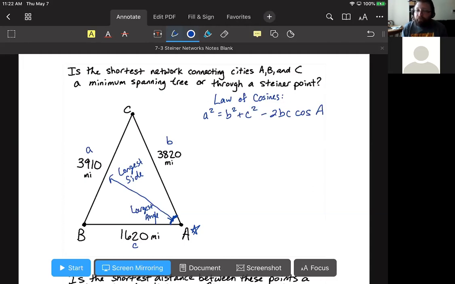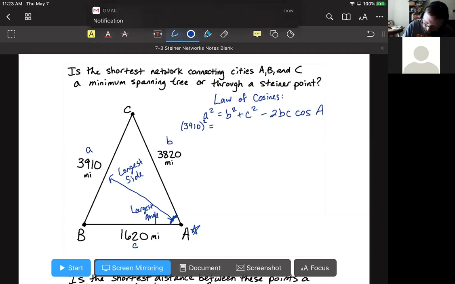Now this is going to get worse before it gets better because we have to plug in everything that we know and then solve for angle A. Okay? So little a is 3,910. Little b is 3,820.